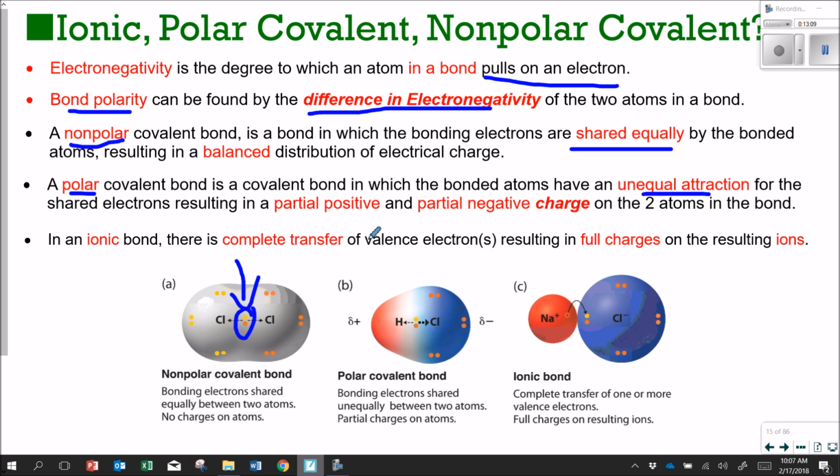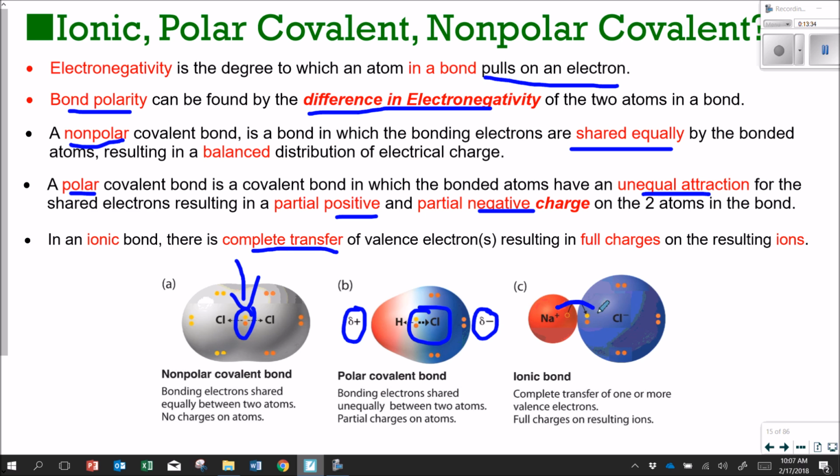In a polar covalent bond, we have an unequal attraction for the shared electrons, and we have then a partial positive and a partial negative charge on the two atoms. We can look at HCl, where chlorine is pulling more on those electrons because it is more electronegative. So we have a partial negative charge on the chlorine and a partial positive charge on the hydrogen. In an ionic bond, we have complete transfer of valence electrons.